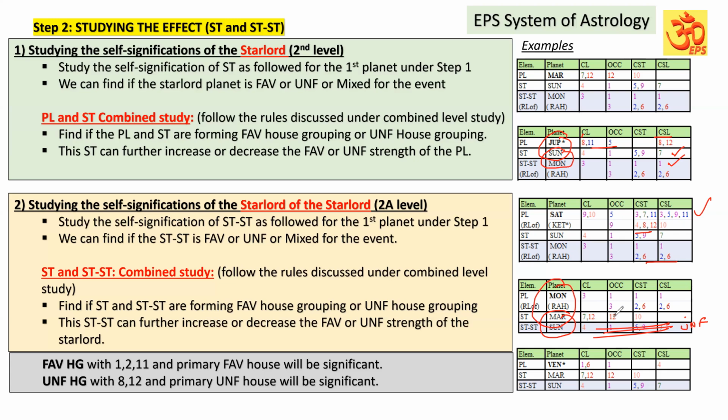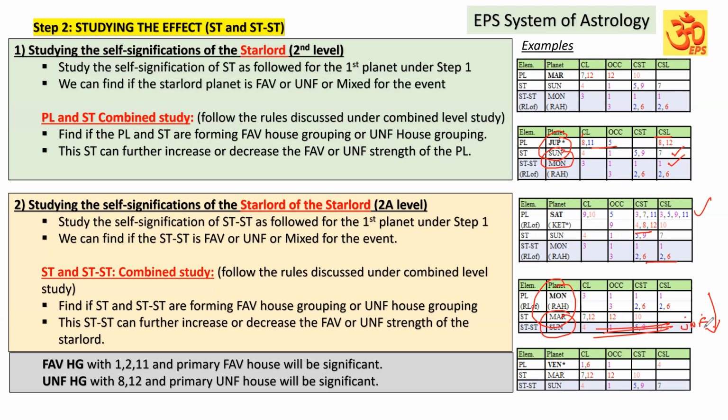So that is going to make it more unfavorable. So the planet's favorable signification will not be supported by the Starlord. Further, it will not be supported by the Starlord of the Starlord. It is going to be more unfavorable.